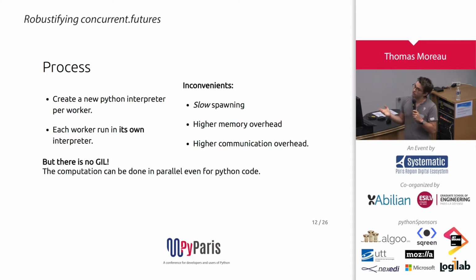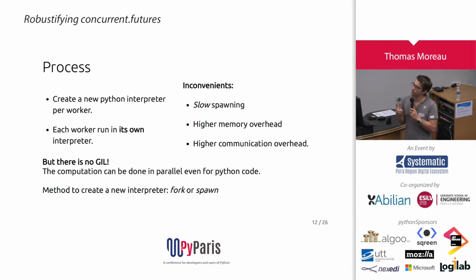But the main advantage is there is no shared GIL. There is one GIL per process. And so the computation can be done in parallel, even using Python code that does not release the GIL. That's the main advantage.